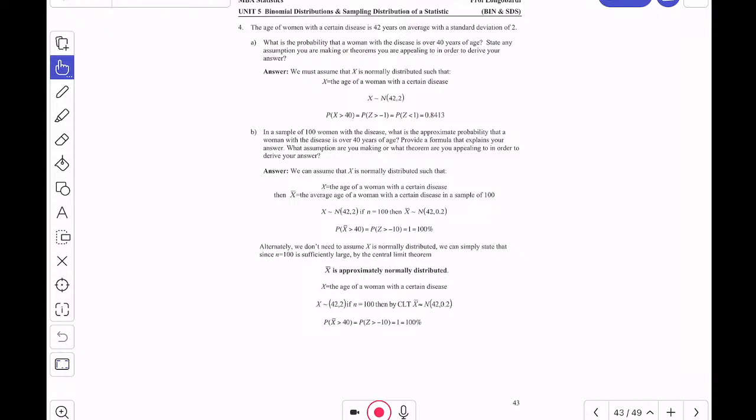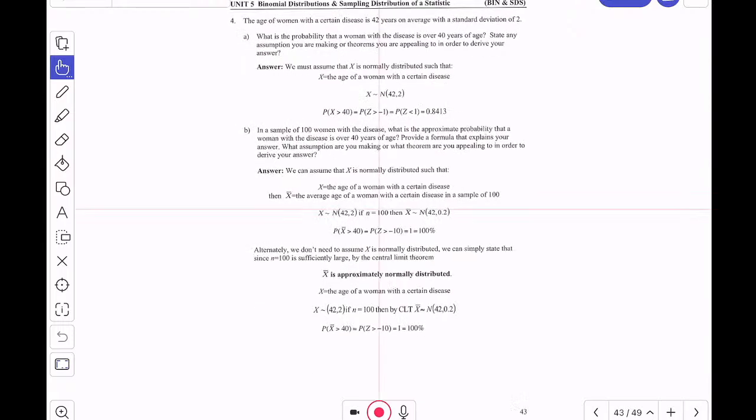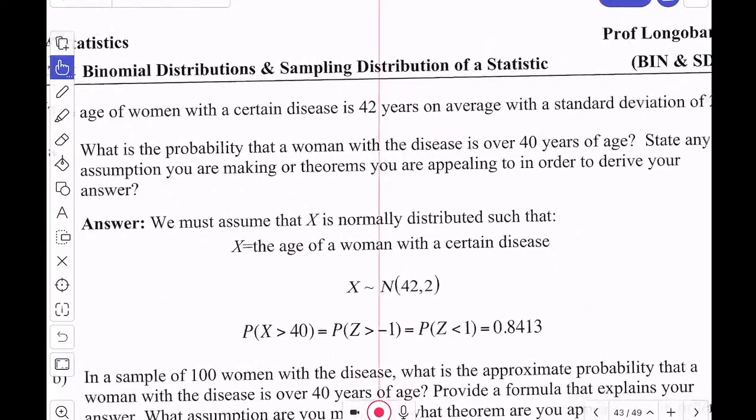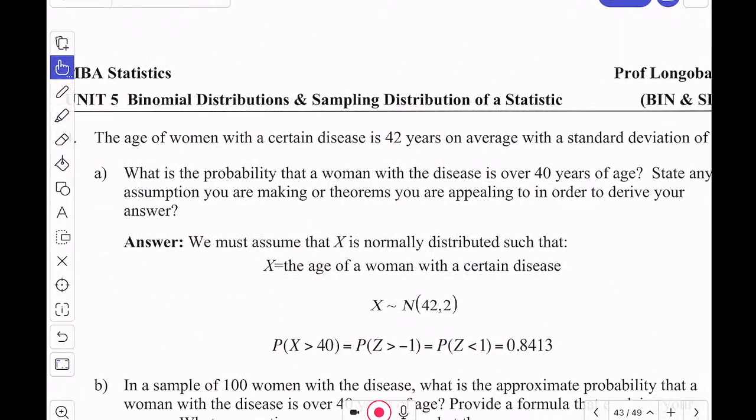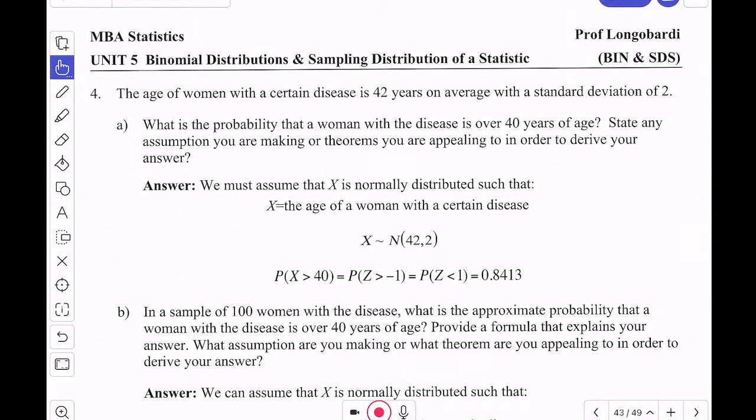I don't know if we have time to do one of those. They're kind of long. Let's look at this. I don't know if this confused you. Let's look at this because I put it here to make you think. Okay, I'm going to pull out the question.